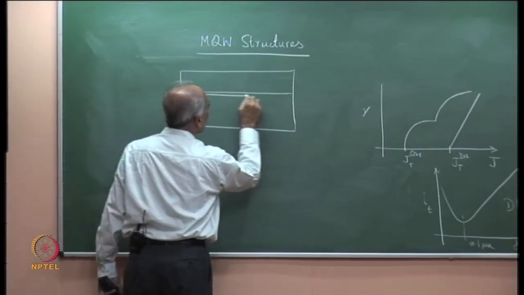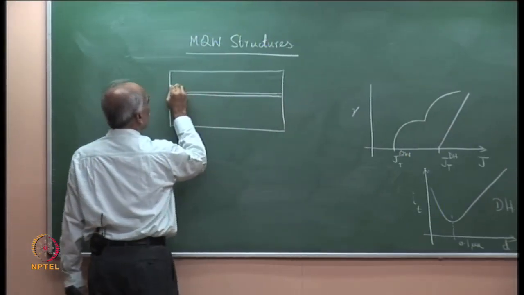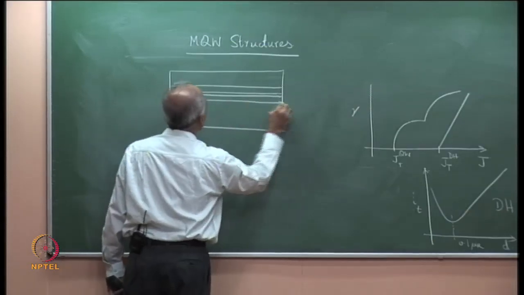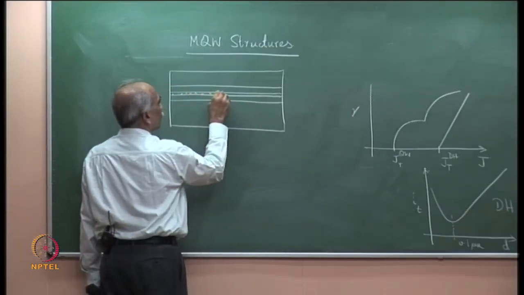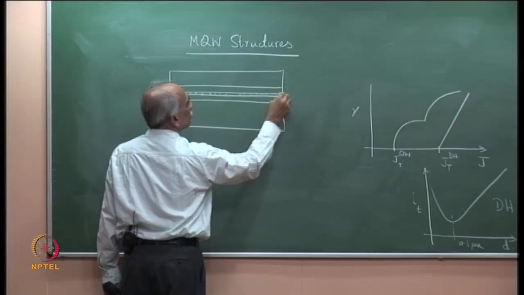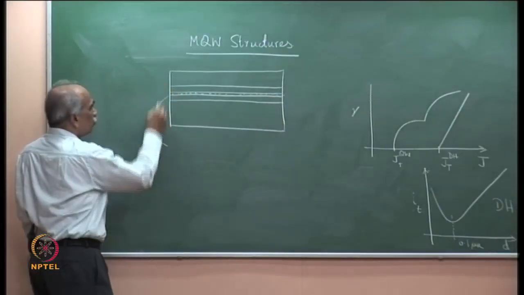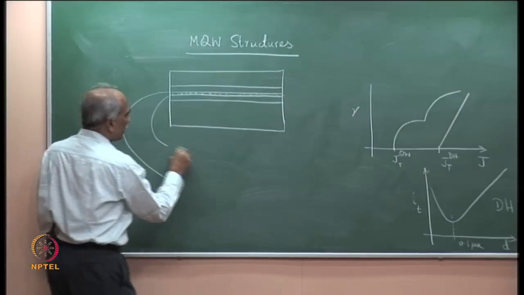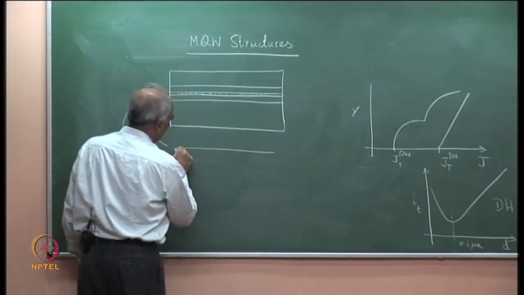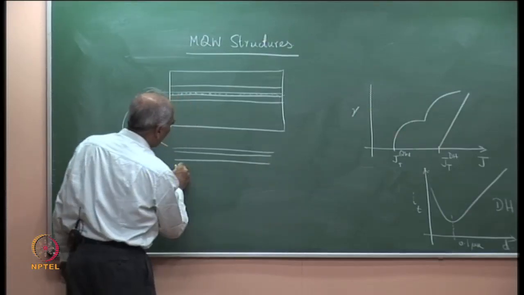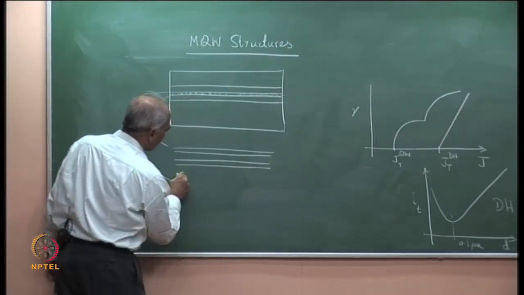This is the active region, and this is the cladding region of any laser. I have drawn this diagram many times. This active region, if I zoom, today it comprises of MQW structure, that means multiple quantum well structure.